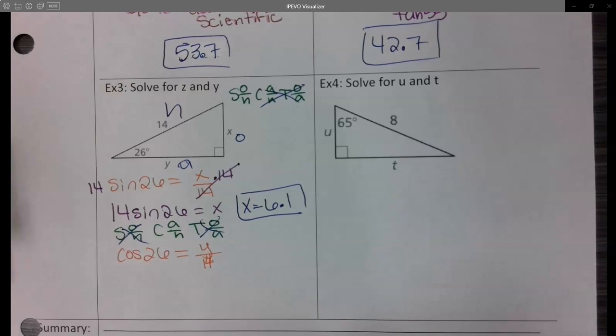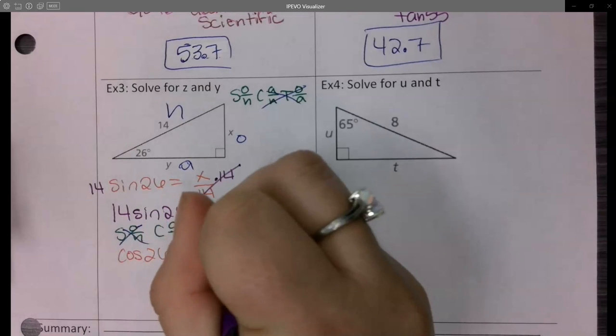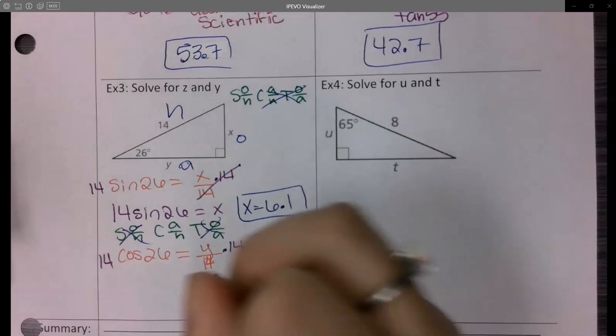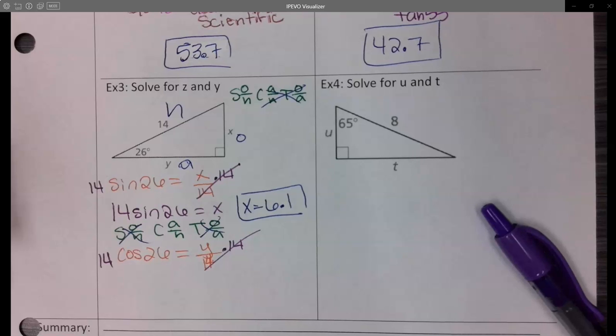Okay. Then I want to go ahead and get the 14 out of the fraction. So I'm going to multiply both sides by 14, which will cancel out on the right side.